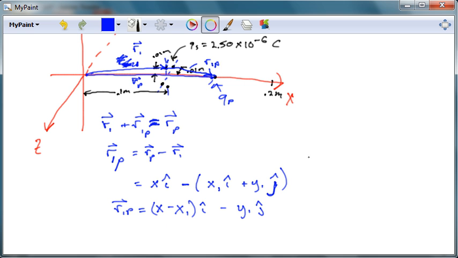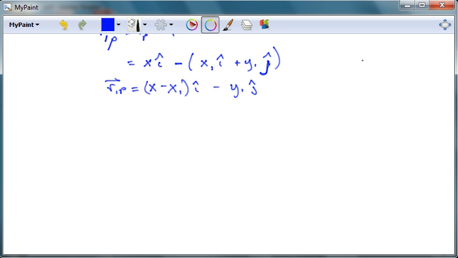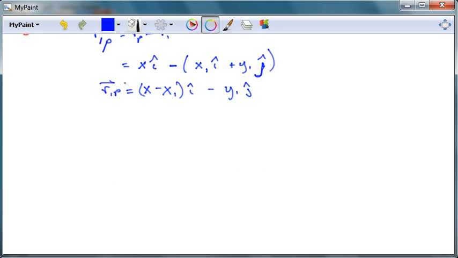Now the distance. I want the distance between that fixed source charge and my victim, because Coulomb's law states that the force depends on the distance. So that's what I've got to get. I need the R1P magnitude. I can write it with an arrow and absolute value signs, or just with no decorations whatsoever, and that's the way I choose to do it.